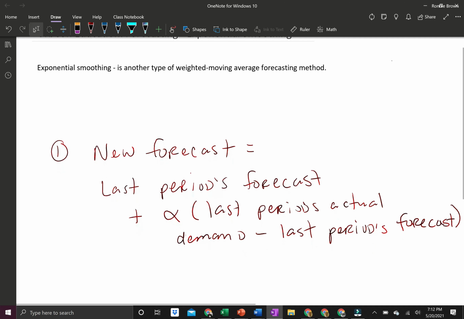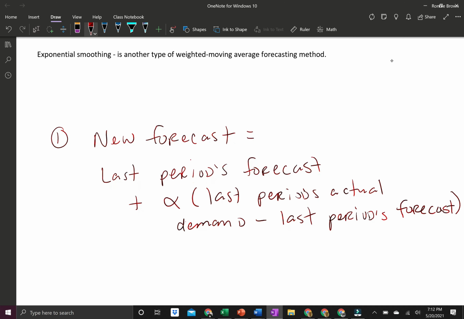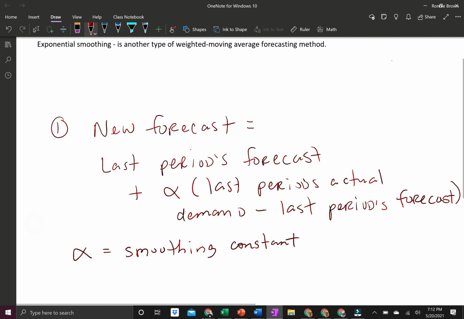All right. So here, that alpha, it's a weight of some sorts, or we can call it the smoothing constant. This smoothing constant, alpha, is actually chosen by the forecaster.